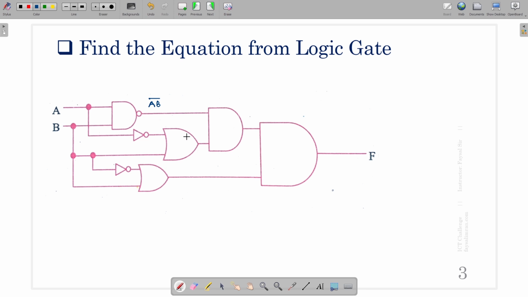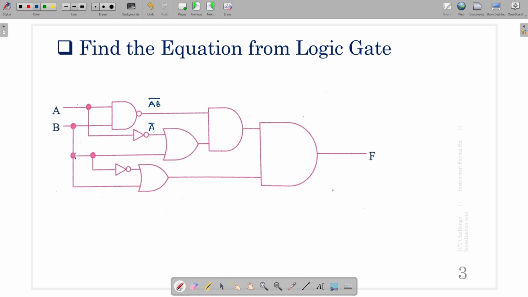Here is another logic gate, a NOT logic gate. This NOT logic gate comes from this line, this is A, because the line is connected with A. So the NOT logic gate bars the input, so the output is A bar.